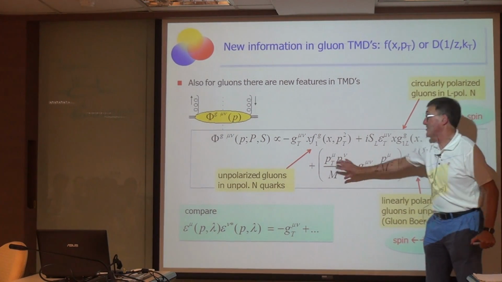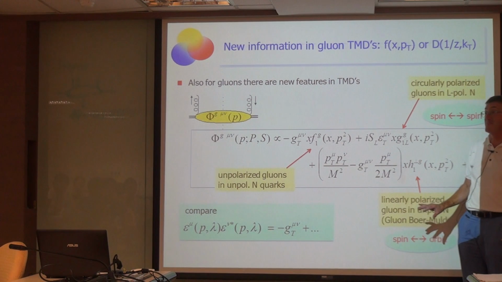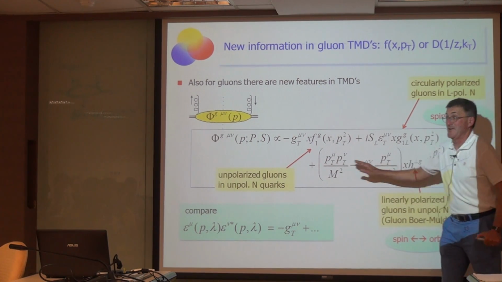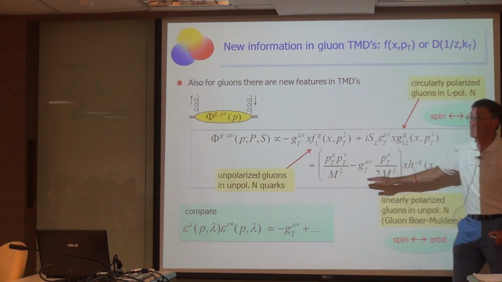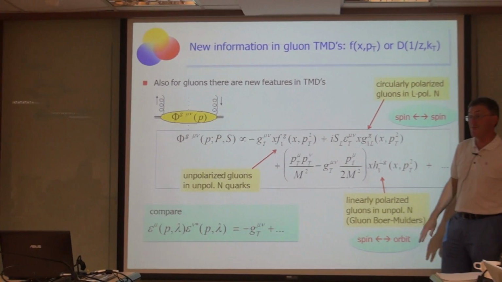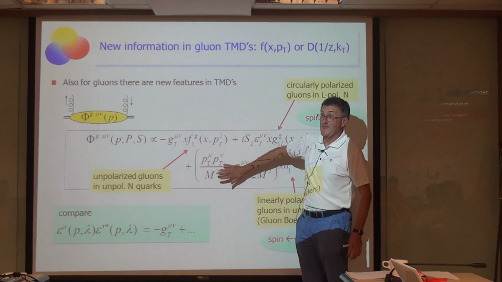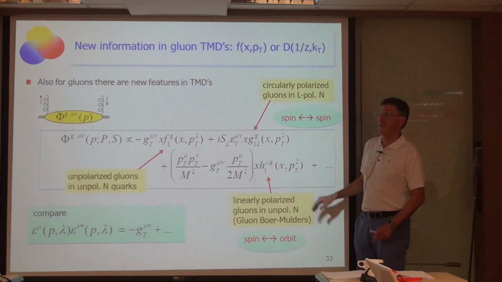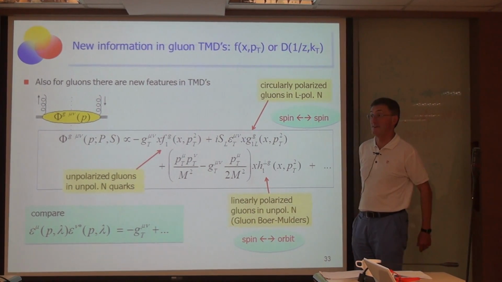This function, because of its structure, will simply disappear if you integrate over PT. I mean, this is a second rank tensor, but if you integrate over PT, this will disappear. So that tells you that if you don't measure any PT dependence, you will never measure this sort of thing. So you have to measure PT dependence.